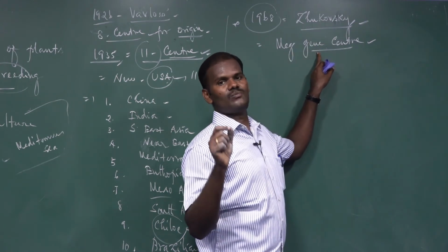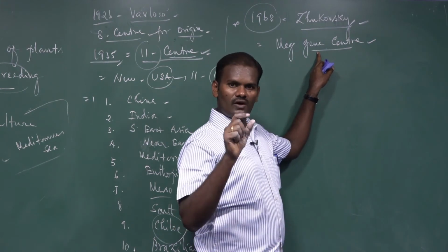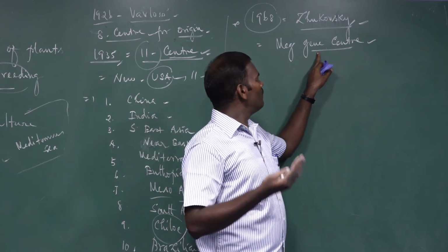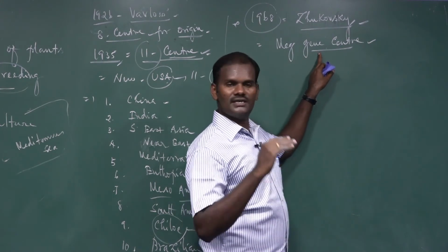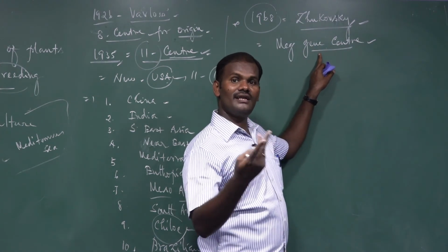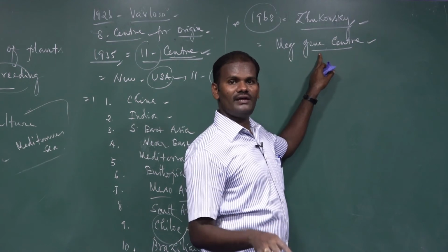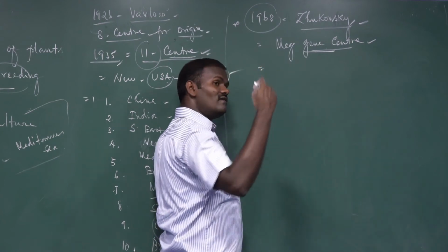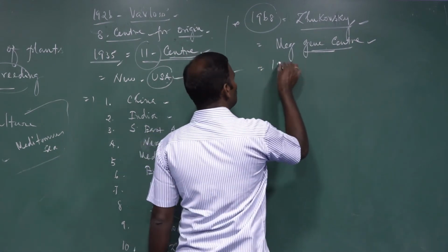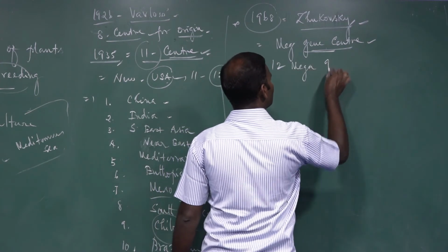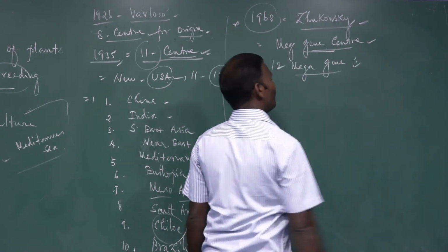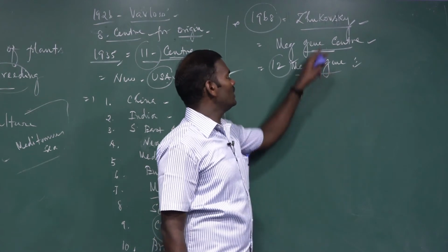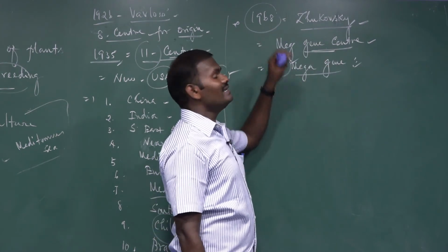Each and every character of plants is controlled by genes. These genes get adapted according to environmental conditions. By adaptation of the genes, different types of plants are adapted in different geographical regions. So he identified gene centers. Generally, he proposed that the entire world is divided into 12 mega gene centers for the origin of cultivated plant species. 12 mega gene centers were proposed by Zhukovsky in the year 1968.